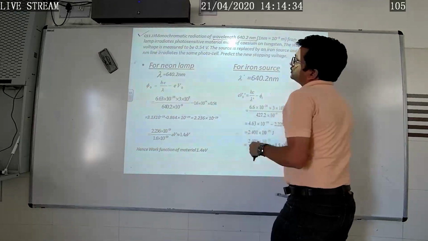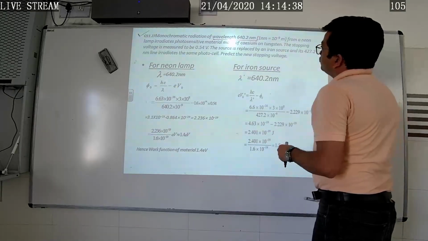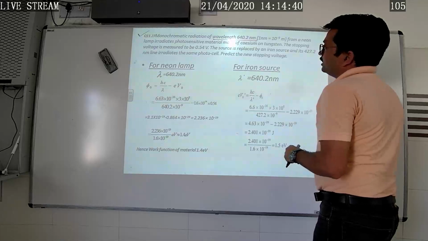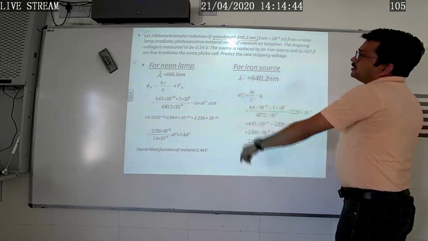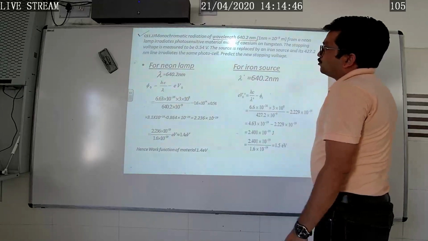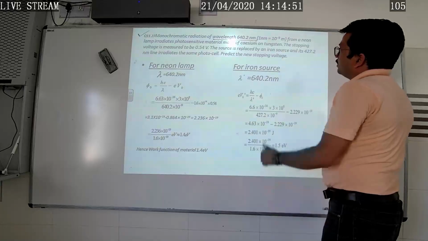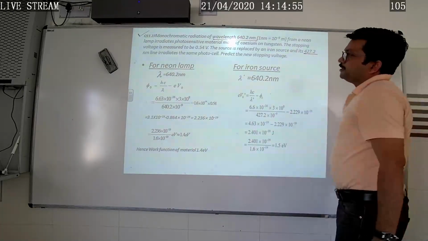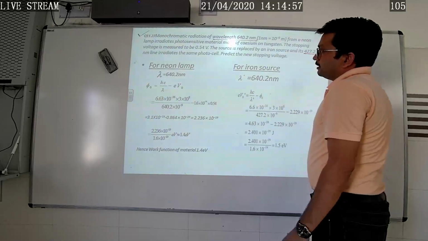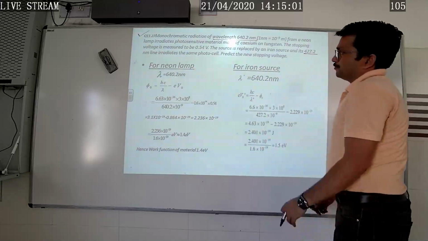It irradiates a photosensitive material made of cesium or tungsten. The stopping voltage is measured to be 0.54 volt. The source is replaced by the iron source, and its wavelength is 427.2 nanometer.